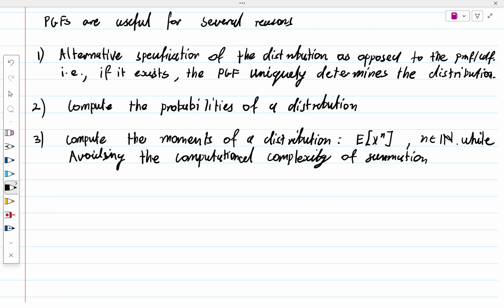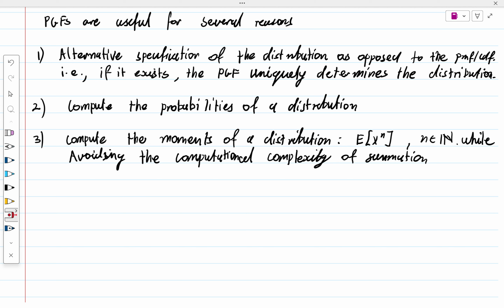Right, because if you think about it, if we were to compute the expected value of x to the power of n, that involves putting x to the power of n in our formula for expectation, involves quite a lot of summation, a lot of computation.